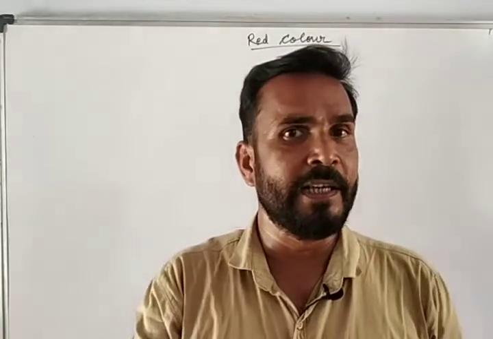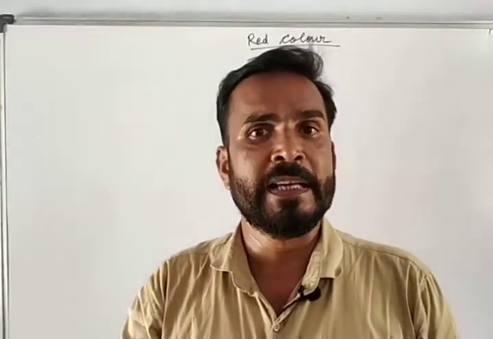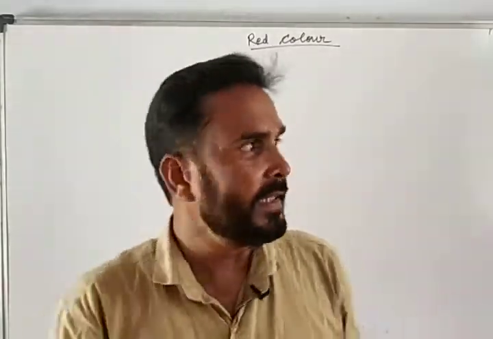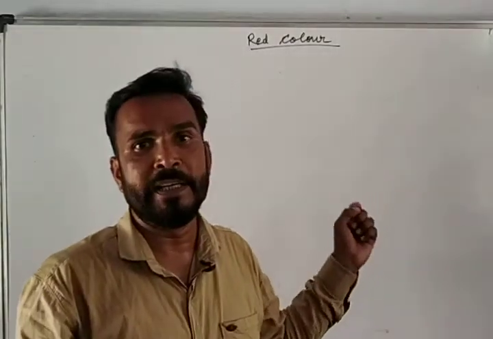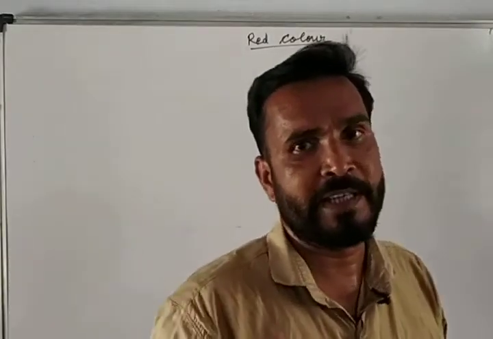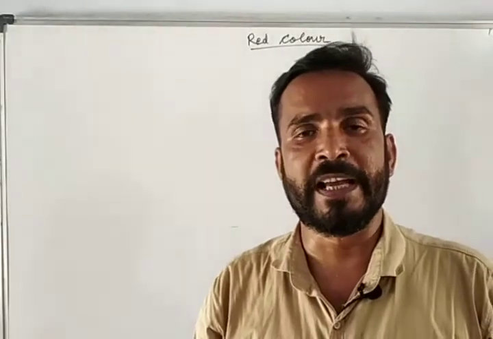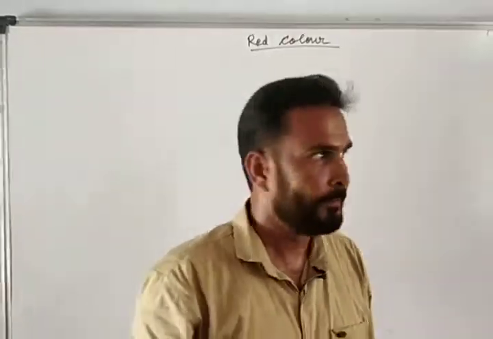Like yesterday we discussed that roads will be in red color, this settlement also will be in red color. Now there are 4 types of settlements generally given in our book.